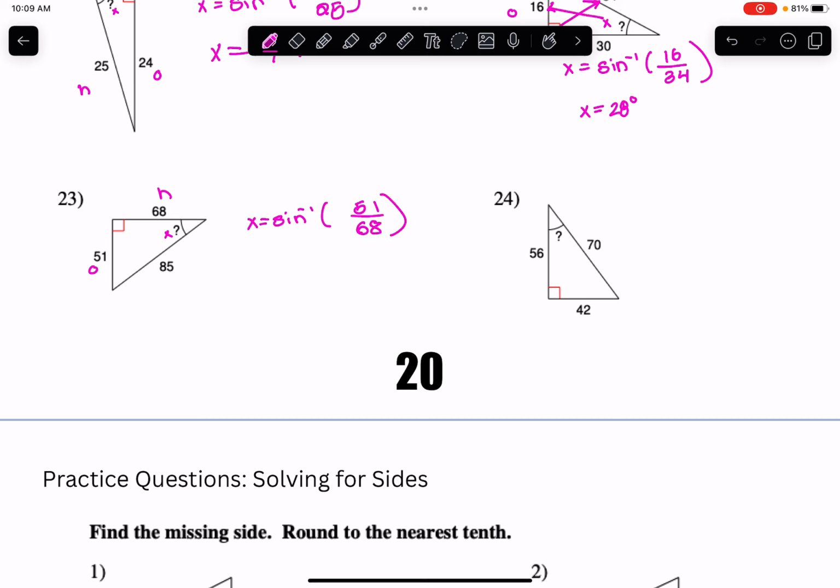So if you look at 23, our opposite side is 51. I labeled that wrong. Our opposite side is 51, however, our hypotenuse is 85. So in your calculator, second sine 51 divided by 85, x is equal to 37 degrees.